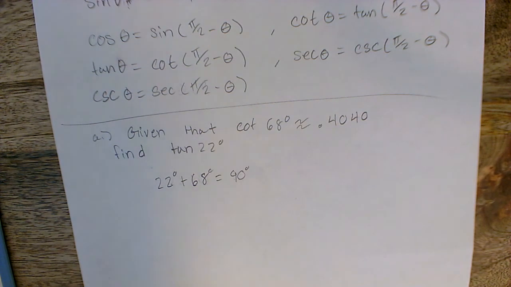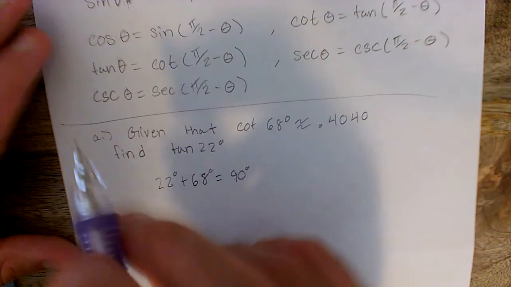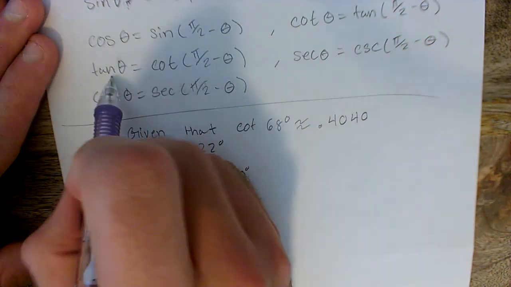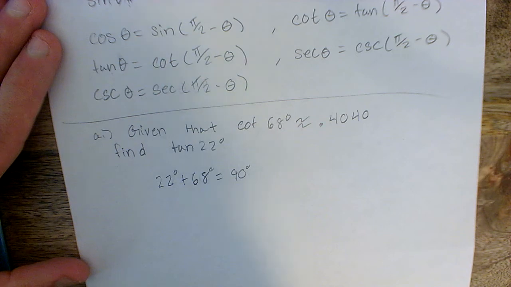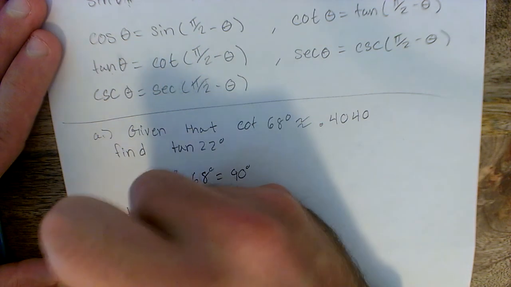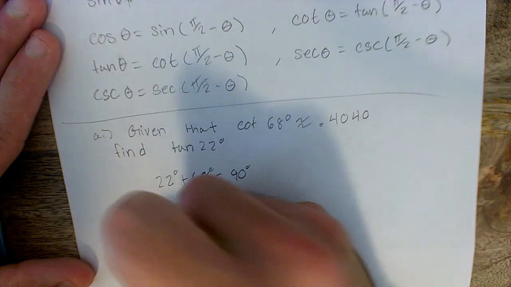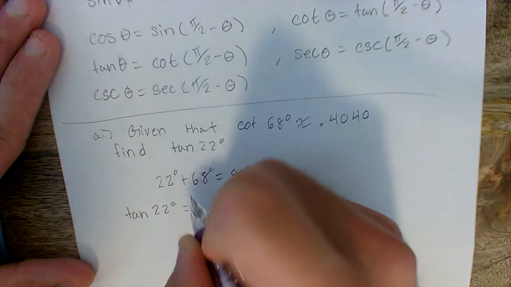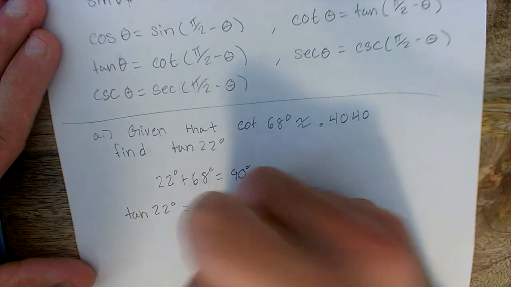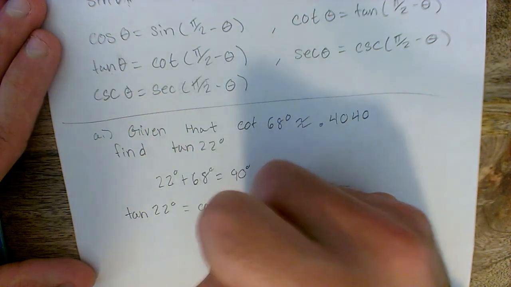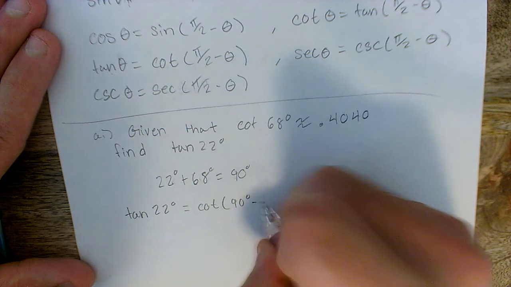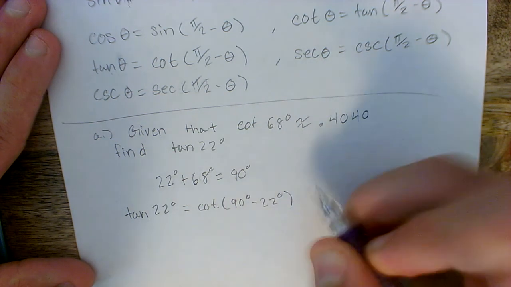Okay, so this is going to help us because if we want to find the tangent of 22, I'm going to look at my table here. Tangent of theta is equal to cotangent of pi over 2 minus theta. So the tangent of 22 degrees is equal to the cotangent of, since I'm not in radians, I'm not going to do pi over 2, I'm going to do 90 degrees minus 22 degrees.